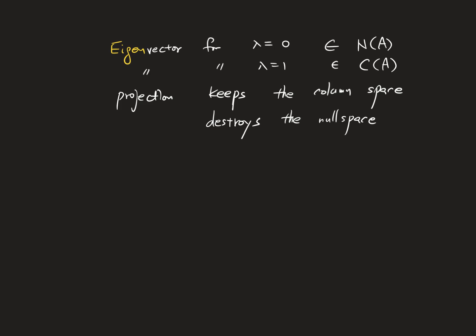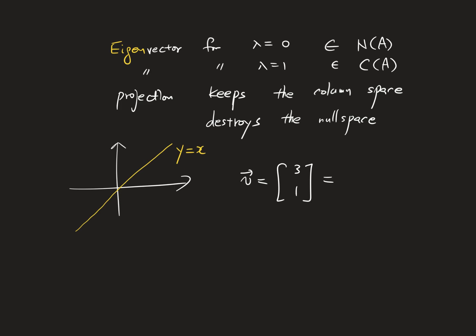So in this example, we consider the projection onto the line y is equal to x. If we have a vector v equal to 3, 1, we can decompose it into 1, minus 1 plus 2, 2.